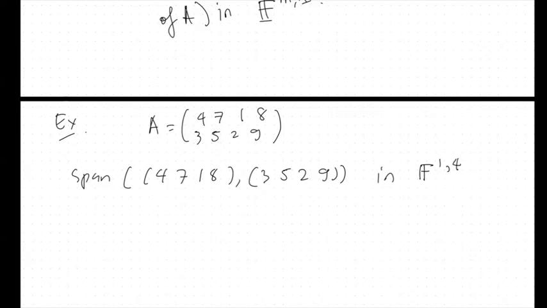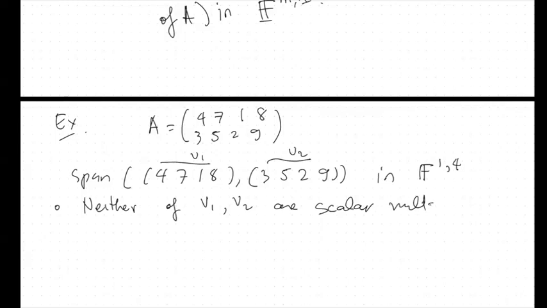Look at the vectors above: neither of v1 and v2 is a scalar multiple of the other.